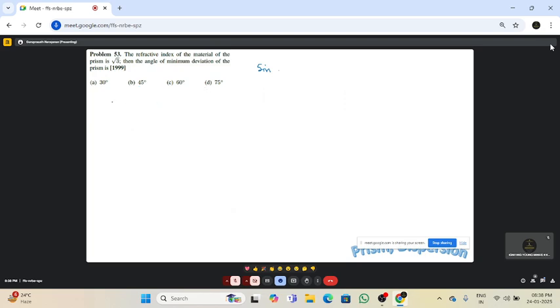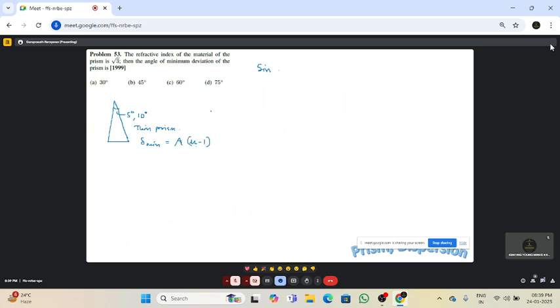Small angle means a thin prism, where the angle will be like 5 degree, 10 degree. Only then can we use the direct formula del min is equal to A into (mu minus 1).